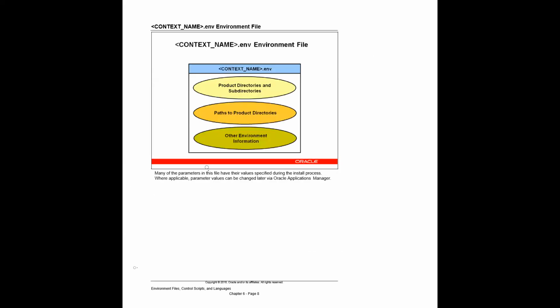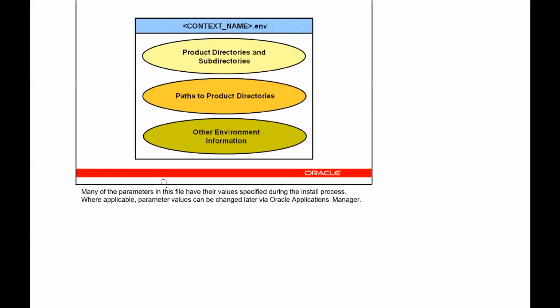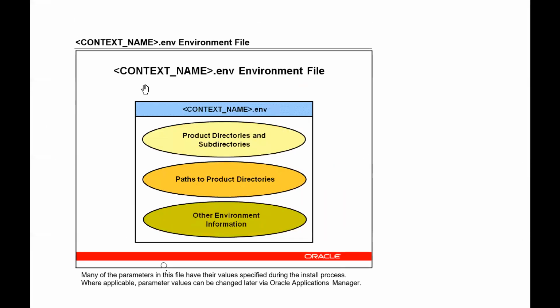Plus when you come to APPL_TOP, you will have the consolidated environment file. Plus you have product tops and different ones. It's a really huge system. You will find some product directories, paths to product directories, and all those things.